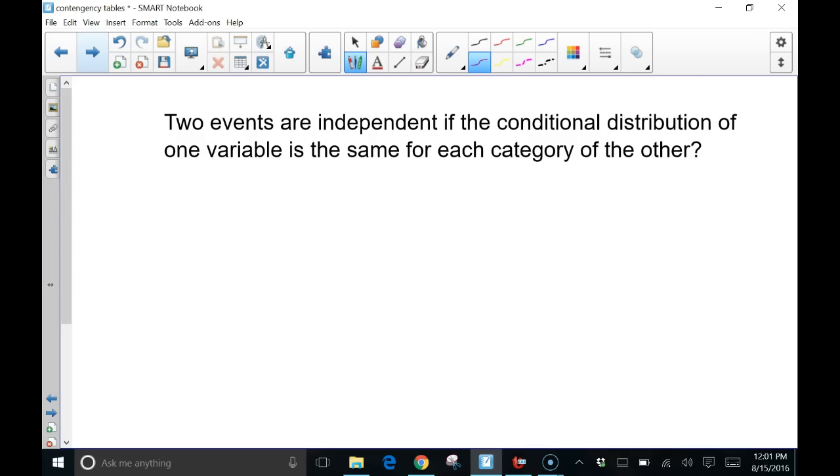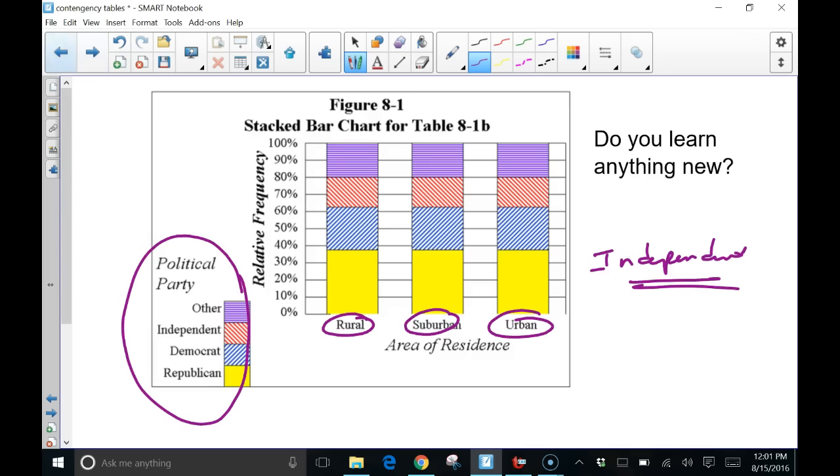Two events are independent if the conditional distribution of one variable is the same for each category of the other. So if you go back to this picture, you can see that for each category of political party, rural, suburban, and urban have the same percentage. They have the same percentage of Republicans, the same percentage of Democrats, roughly the same independents, and roughly the same others.